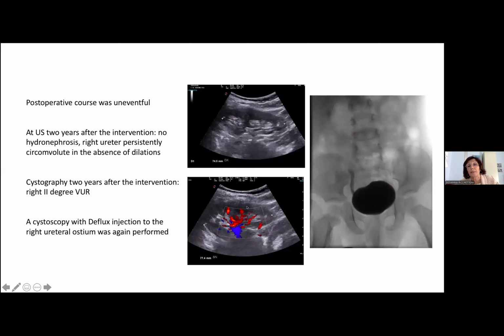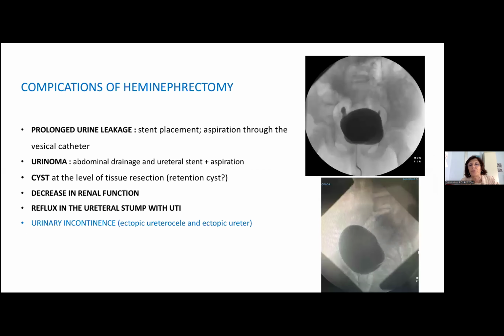If you can see, the kidney looks good. And this was the residual reflux in the lower pole that will be treated by deflux injection first. Then we will see. But I am quite confident that it can work, because the reflux is reduced after the heminephrectomy and also with age.